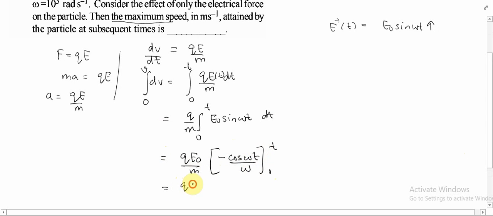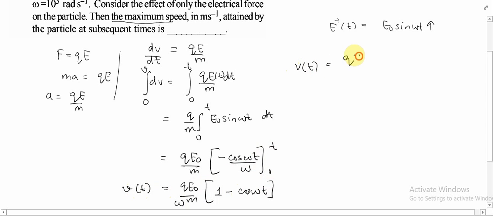Since there is a negative sign, you can interchange the limits, giving qE0/(mω) times (cos 0 − cos ωt), and cos 0 is 1. So we have the velocity-time relation: v(t) = qE0/(mω) × (1 − cos ωt).